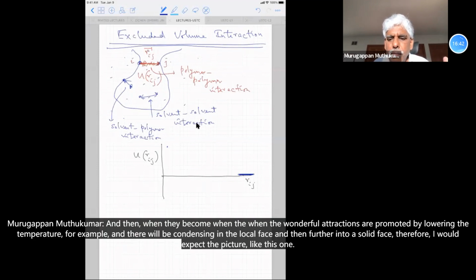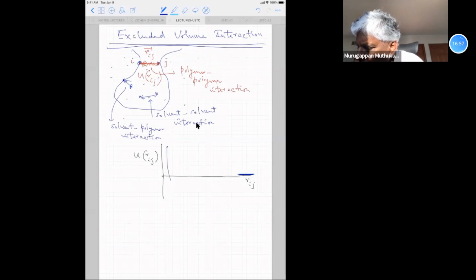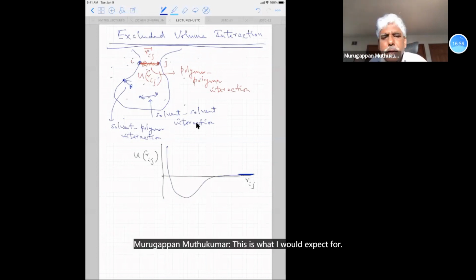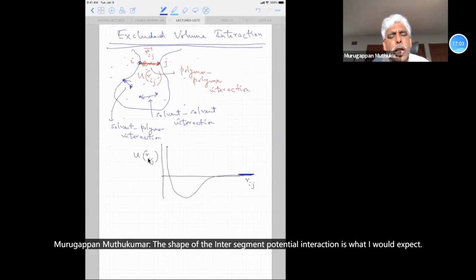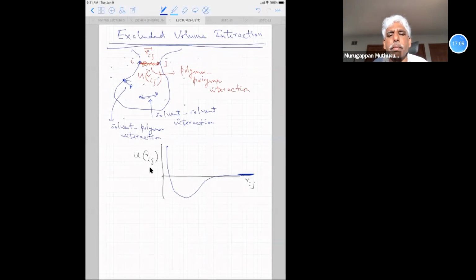When the van der Waals attractions are promoted by lowering the temperature, they condense into a liquid phase, and then further into a solid phase. Therefore, I would expect here a picture like this one. This is what I would expect for the shape of the inter-segment potential interaction.